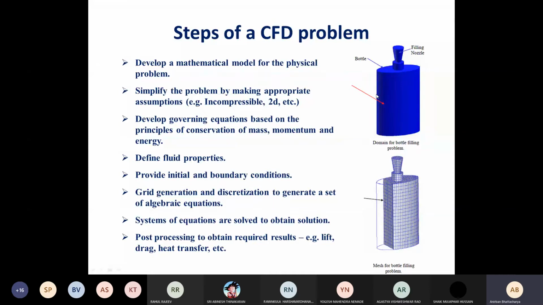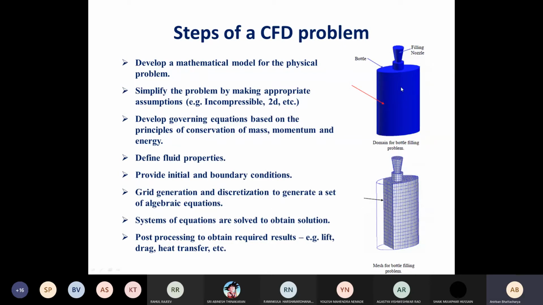Okay. So anyway, grid generation we have already discussed, and then we convert this governing equation into a set of algebraic equations. So say if we are solving for continuity, momentum and energy equations, 5 equations are there in 3D: 1 continuity, 3 momentum equations for the 3 velocity components, and 1 energy equation.